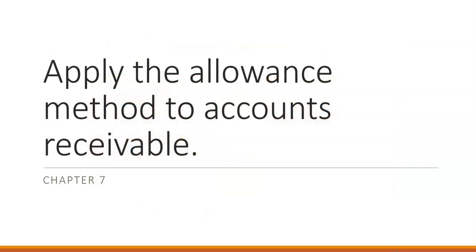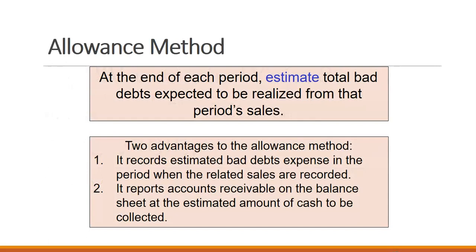Now we'll talk about the allowance method. Under the allowance method, at the end of each period, we estimate the total bad debts expected to be realized from that period's sales. Then we record an adjusting entry at the end of the month for that estimate. There are advantages to the allowance method.